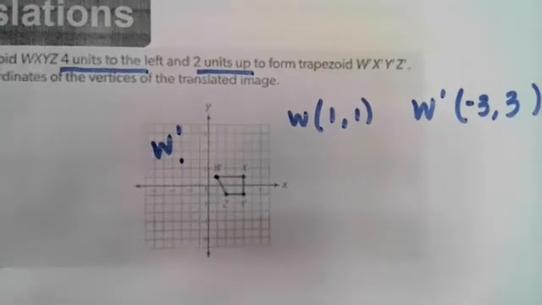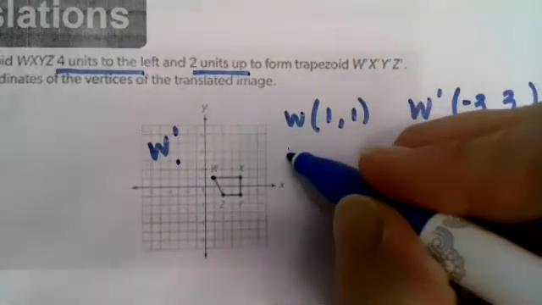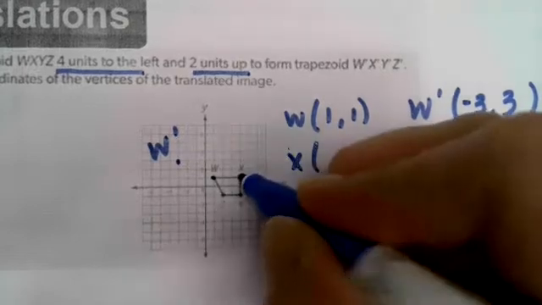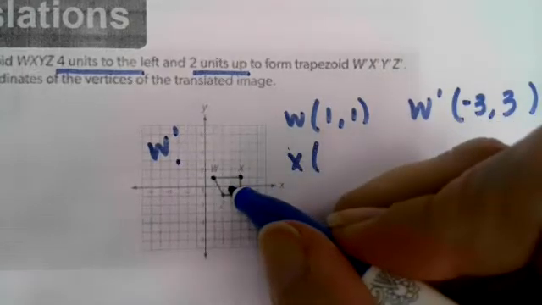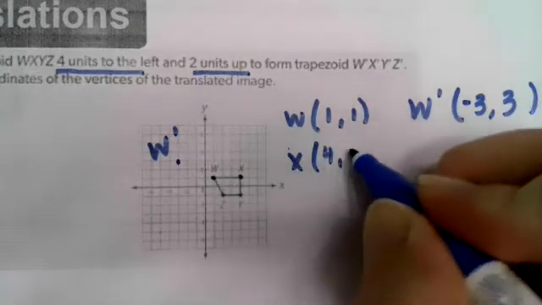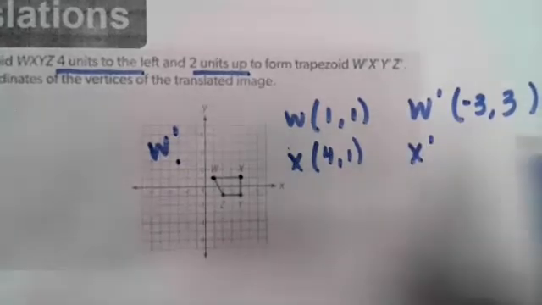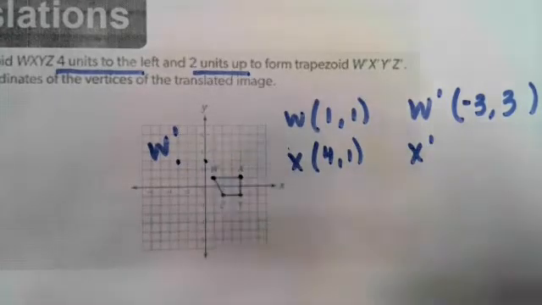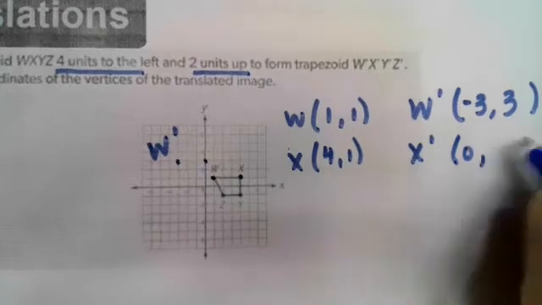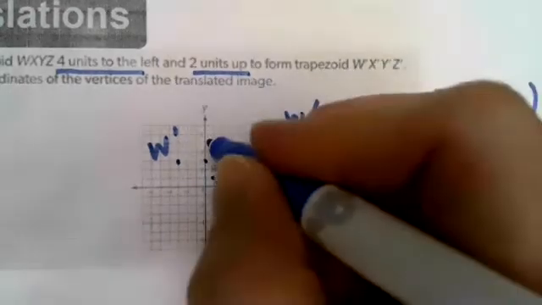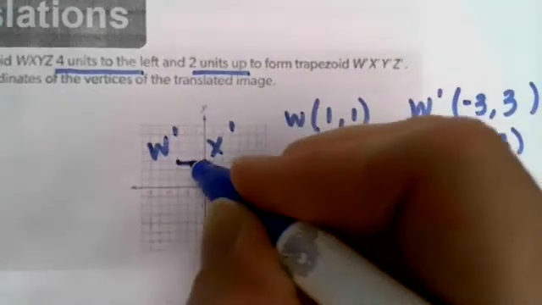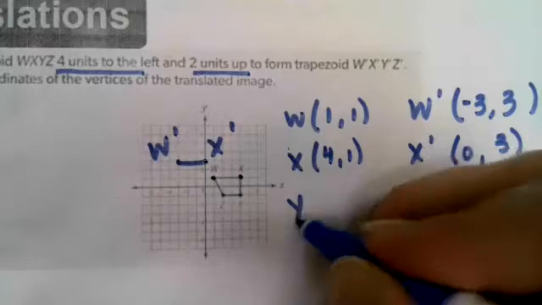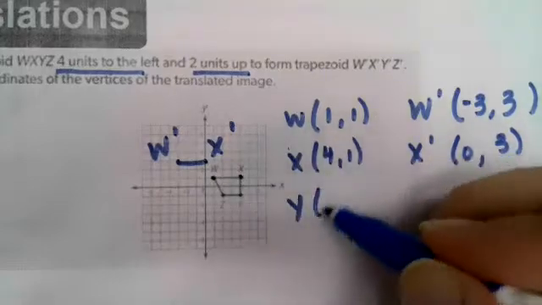All right, and I do the same for my other points. I'm going to take my X, which has the coordinate 4, 1. For my X prime, I'm going to go 4 to the left and up 2. So that coordinate will be 0, 3. Here's my X prime. Then my Y coordinate is 4, -1.